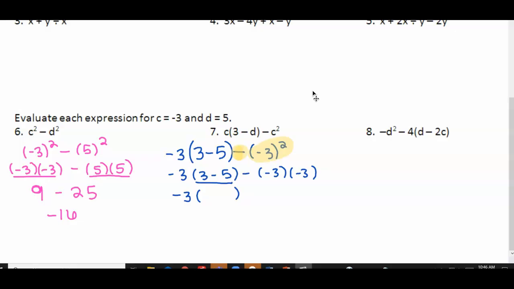So 3 minus 5 is negative 2. Minus negative 3 squared, which is a positive 9, but the subtraction sign stays. A negative times a negative is a positive 6. So we get negative 3.